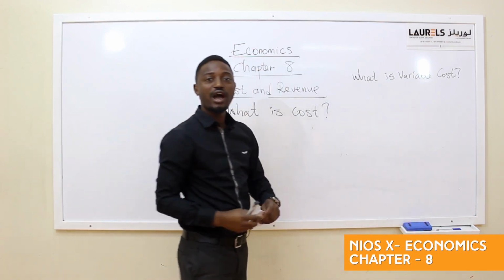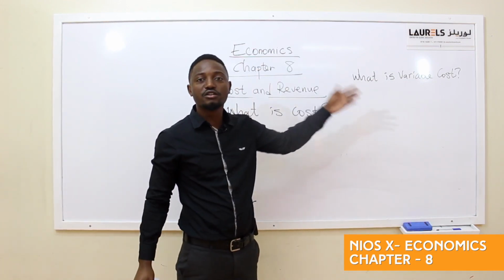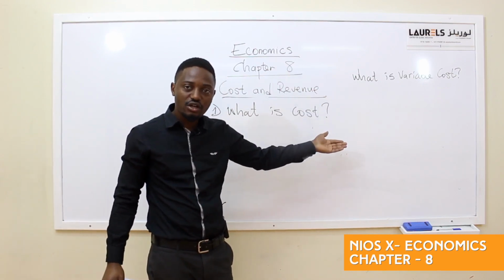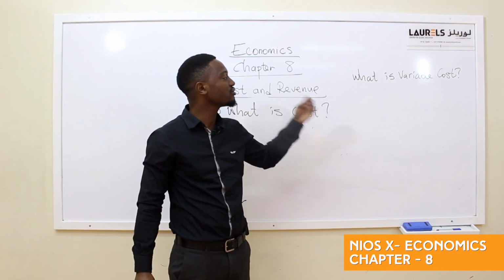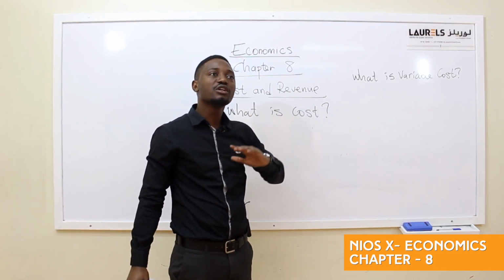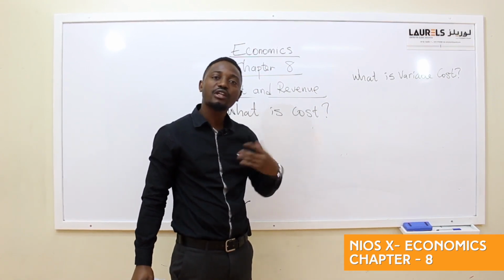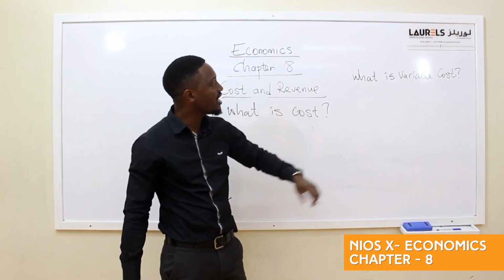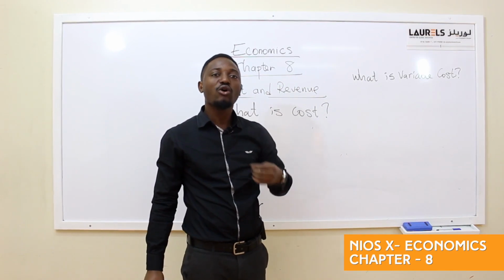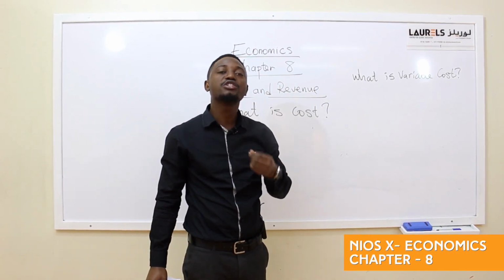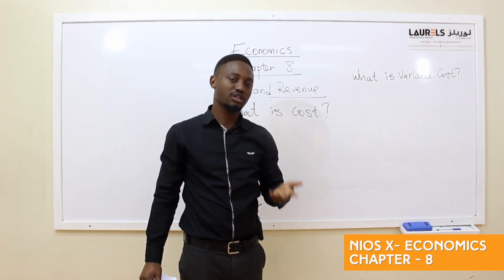Now, on the other hand, fixed cost represents money expenditure on factors of production, on raw materials, on factors of production which do not change when output is changing. On the other hand, variable cost represents money expenditure on factors of production which change when output is changing.